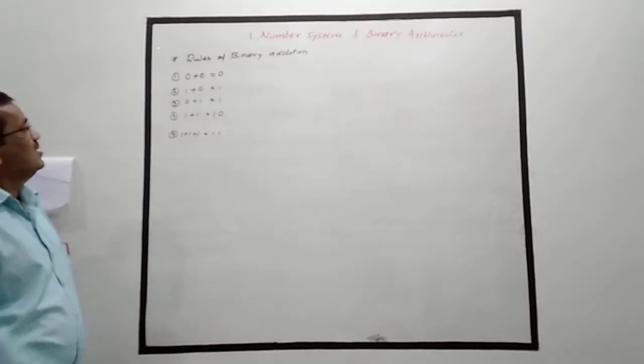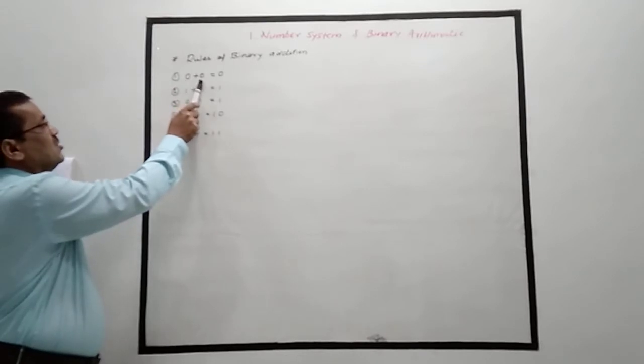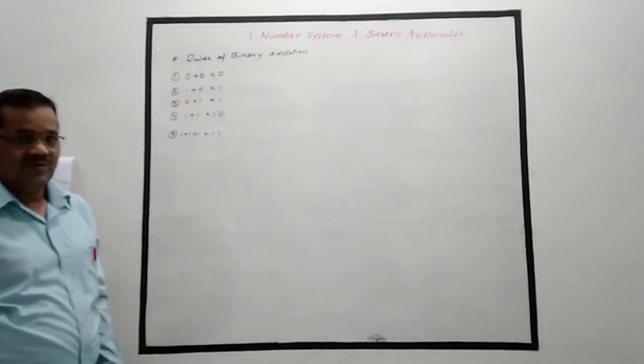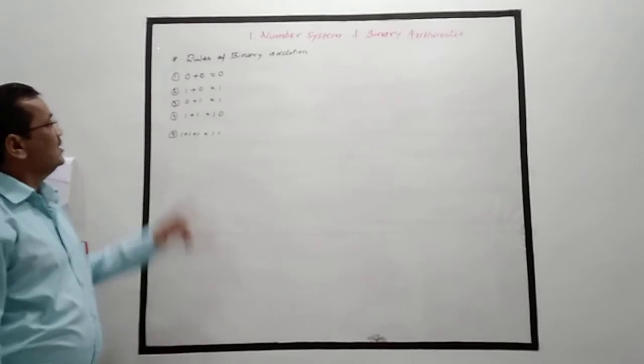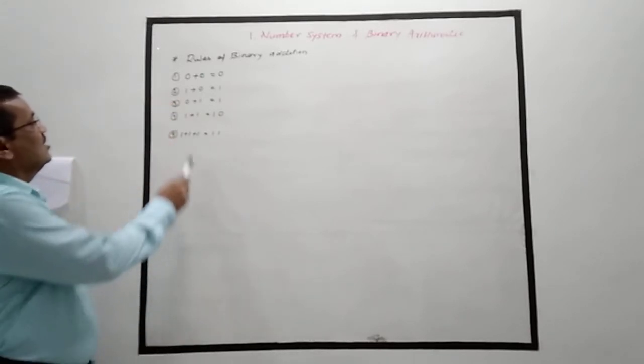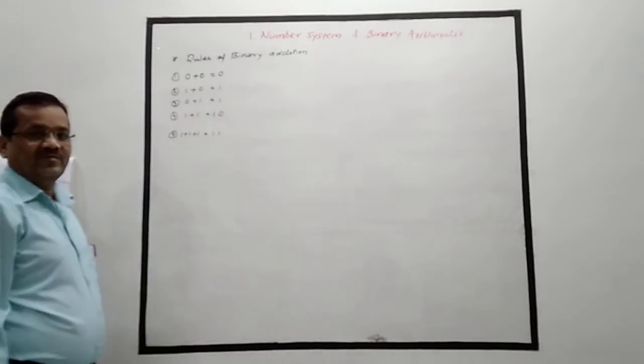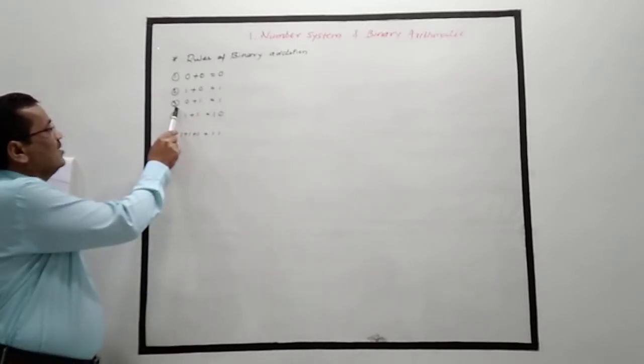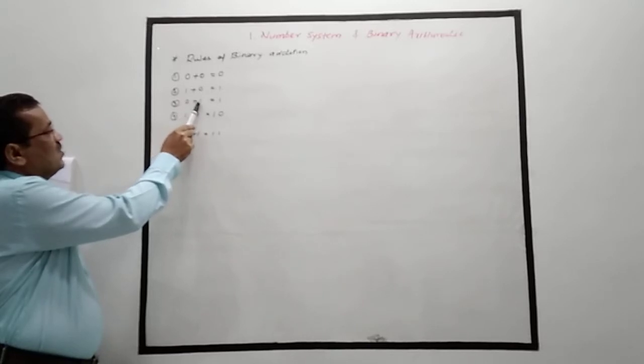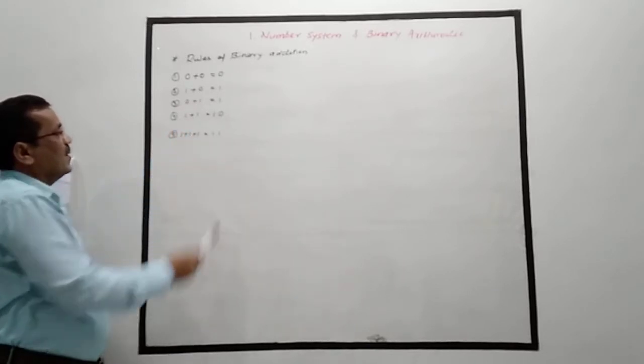First one, 0 plus 0 is equal to 0. Then next, 1 plus 0 is equal to 1. Third rule, 0 plus 1 is equal to 1.